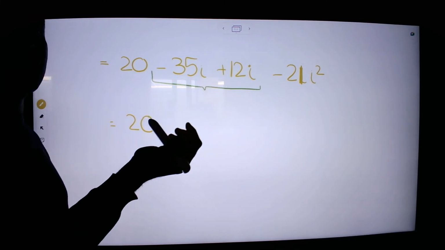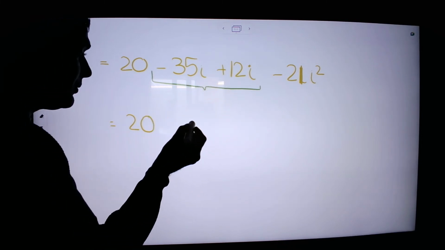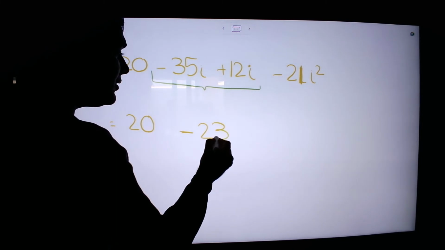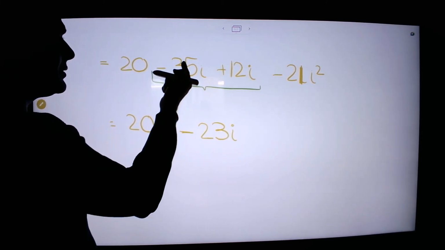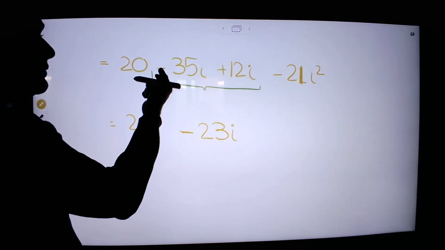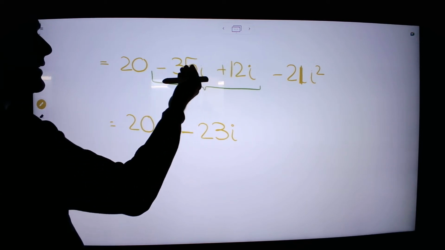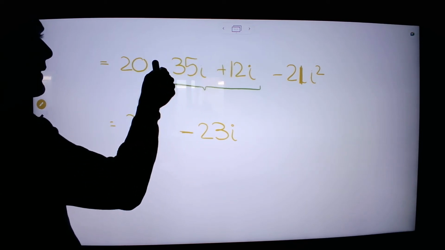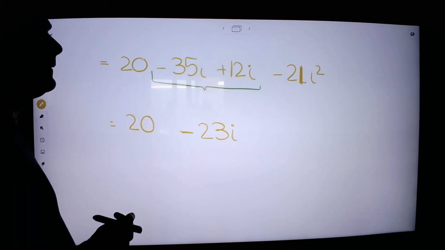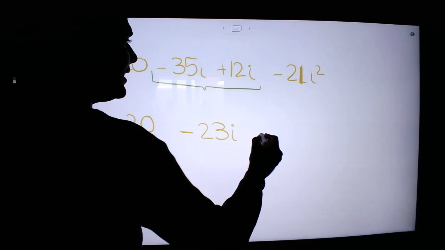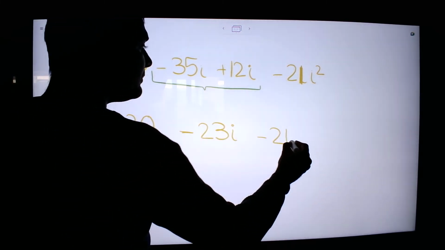Minus 23i. Why minus? Because the bigger number is negative. I subtract them, but I keep the sign of the bigger number. Done. Now this one is still minus 21i square.